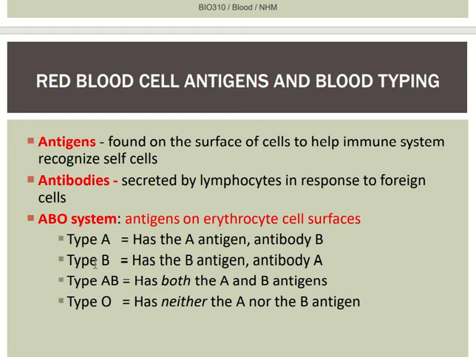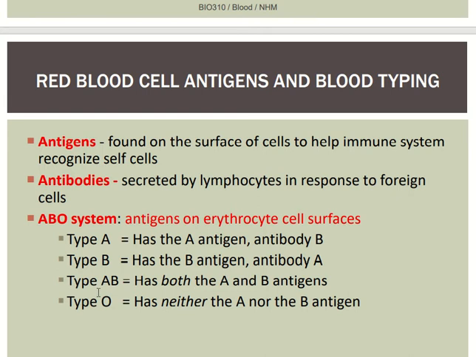Type B blood has the B antigen on the surface of the cell, so it will produce antibody A when it encounters antigen A on other cells.